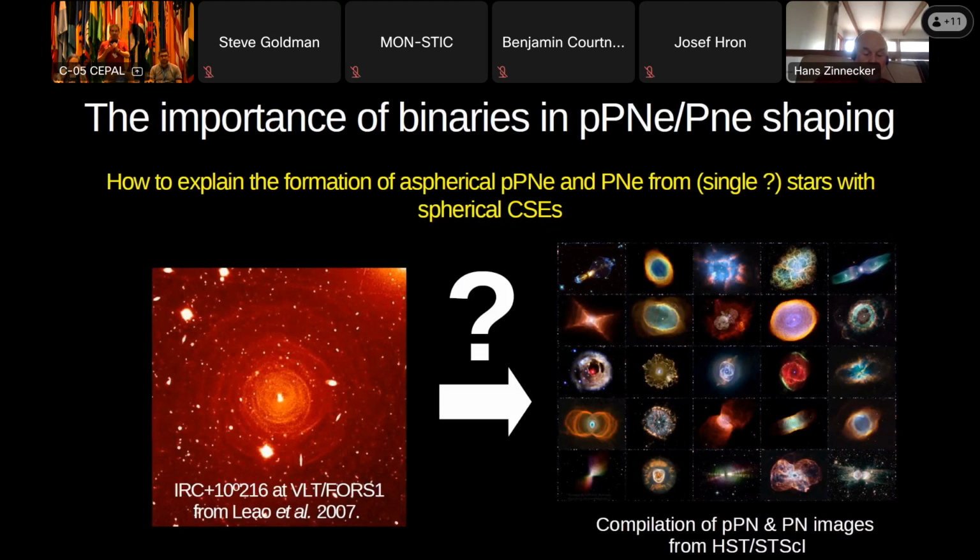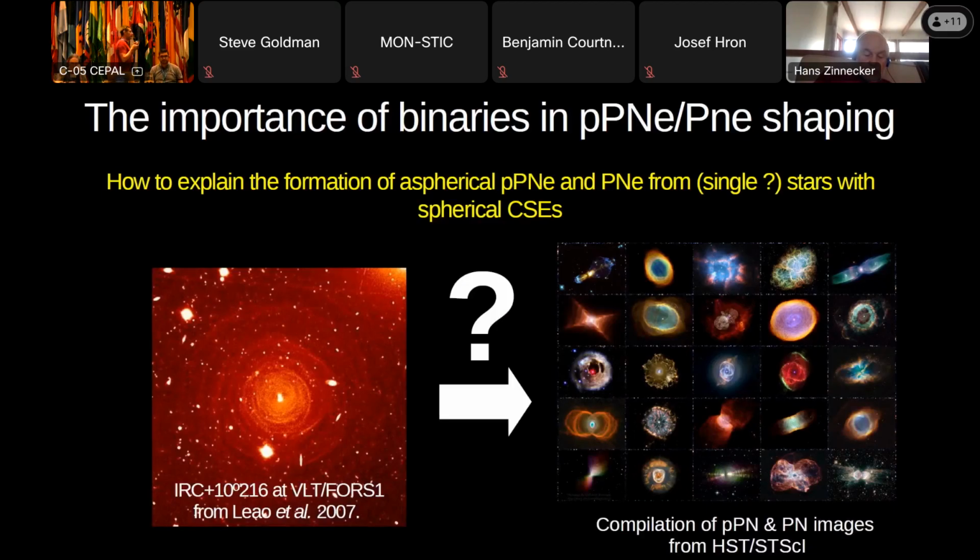So why are we interested in symbiotic stars? The evolution of AGBs into planetary nebulae is still poorly known, and especially the shaping.